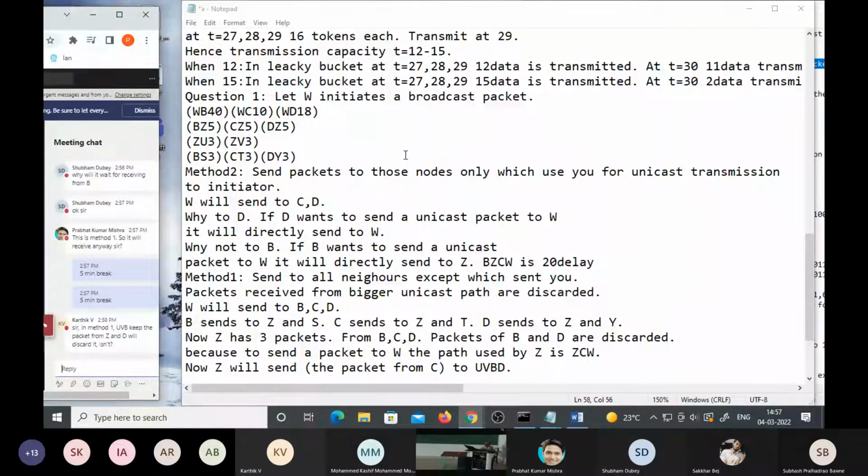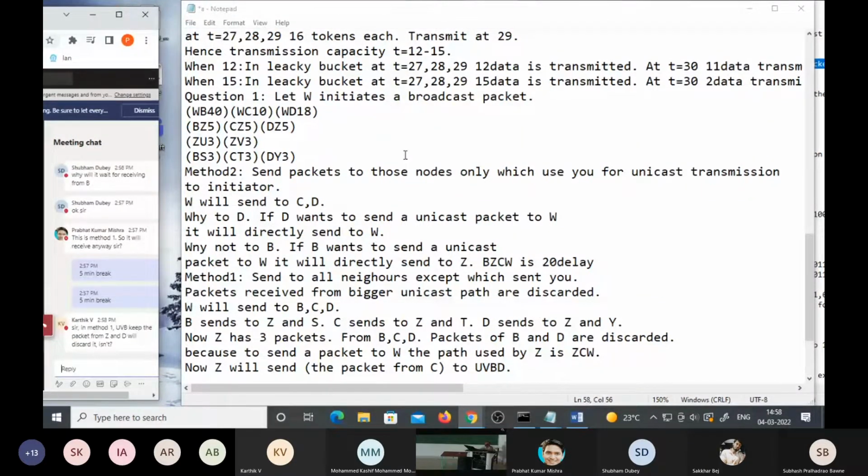In method 1, B will keep the packet from Z. Why B? And D will discard it. Karthik, it is not clear to me.